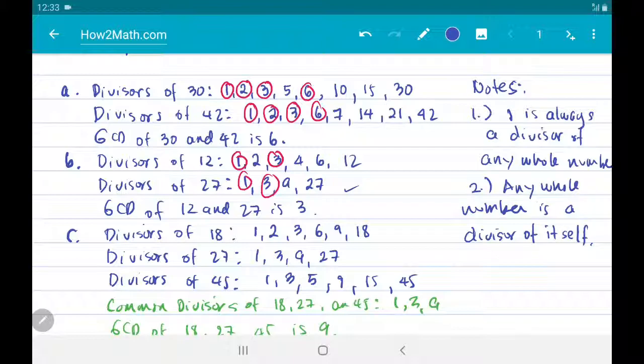Of course, 30 is a divisor of 30. 42 is a divisor of 42. 12 is a divisor of 12. So any whole number is always a divisor of itself. And if you can remember our discussion on prime numbers, if a number has only 2 divisors, 1 and itself, then it's called a prime number. Okay, so just try to remember that, because prime numbers are very important.